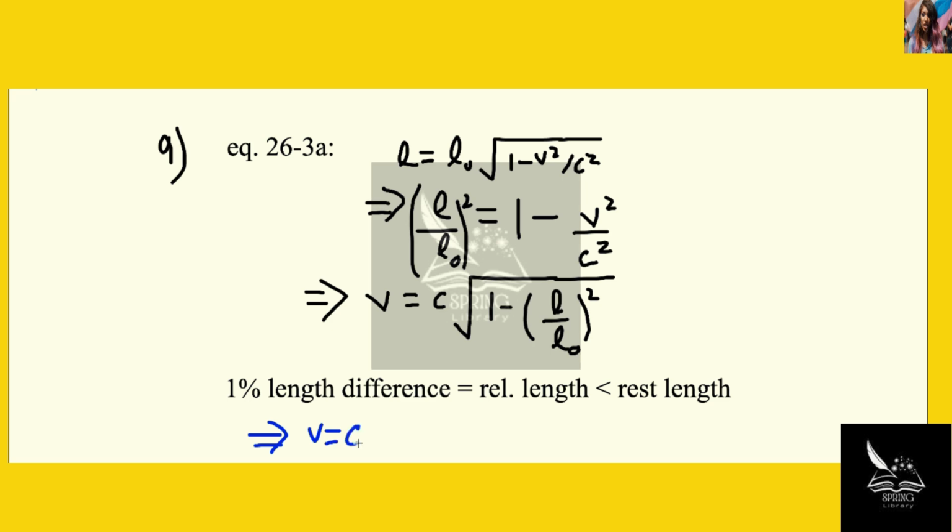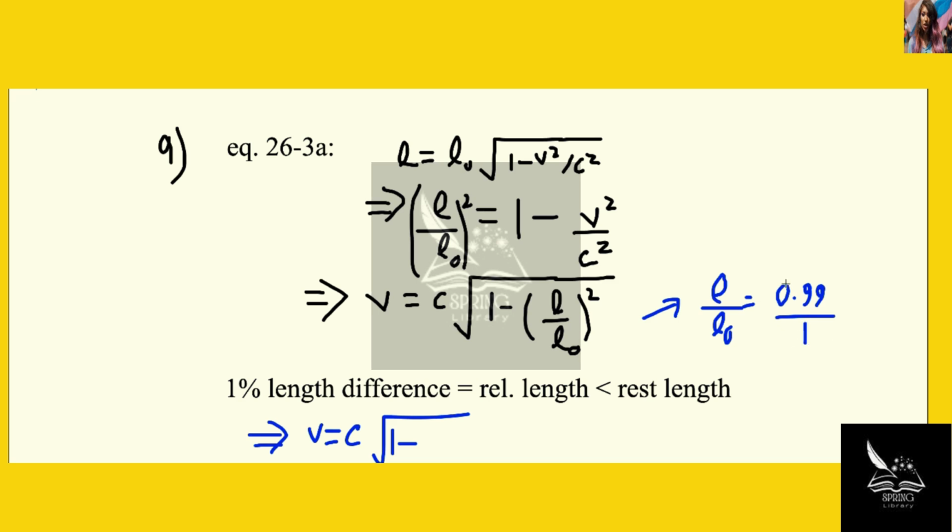Okay, and so what this implies is that v equals c times the square root of 1 minus, so remember we want a 1% difference, right? So L over L naught: L naught will be bigger, so L will be 0.99, where L naught will be 1.